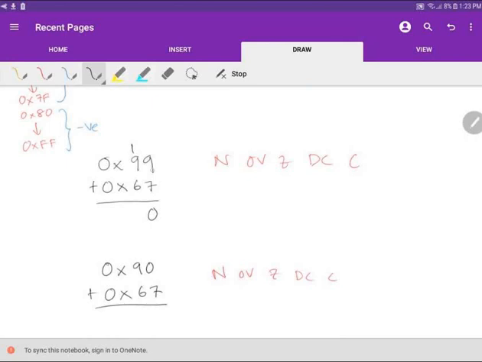9 plus 7 is 16, right? 16 has actually exceeded the maximum allowable digit for hex, which is 15. So you need to minus with 16. Just like in decimal, for example, 6 plus 6 is 12.